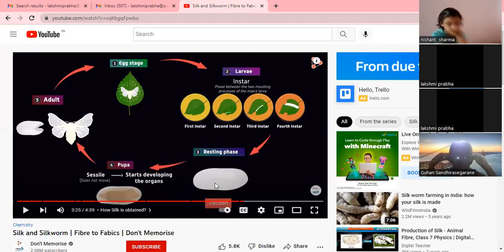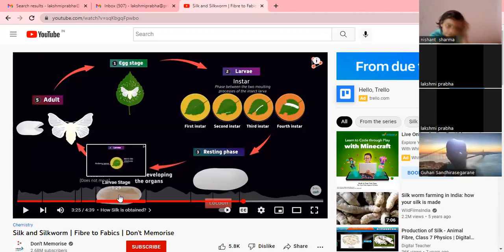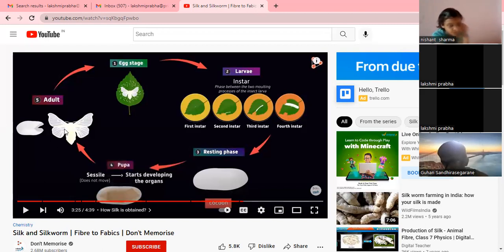Inside this, what will be there? A little silkworm will be there. Can you see the silkworm? When it has grown into an adult, it will get separated from this, and you will get an adult butterfly. So egg stage, larval stage, resting phase, pupa, adult stage. Five stages are there.